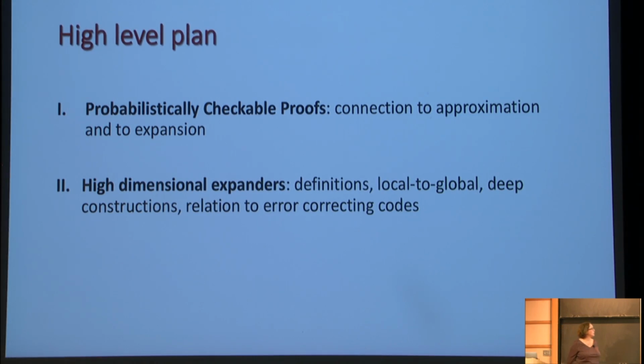Tomorrow, the main topic will be these high-dimensional expanders. So these are a newer topic of study, a lot of activity in the past few years. I'll talk about definitions, what these really are, and some really nice local-to-global theorems that you can prove on them. And these local-to-global theorems have a lot of flavor that resembles what the PCP theorem says, so there is some connection here. There are these beautiful objects, constructions of high-dimensional expanders that are based on some very deep mathematics.